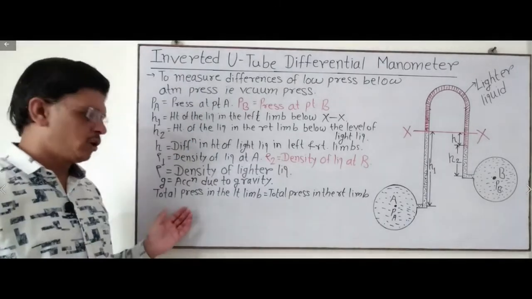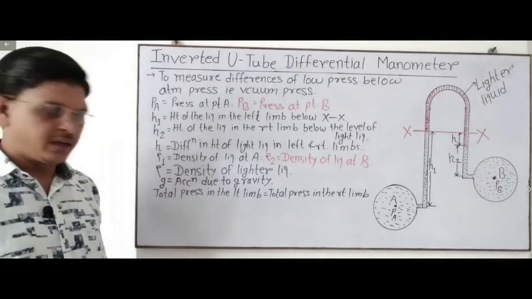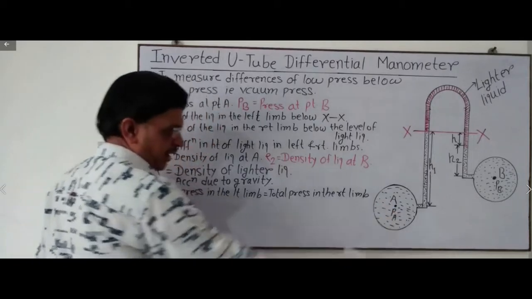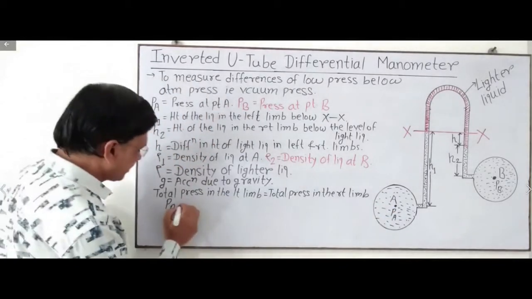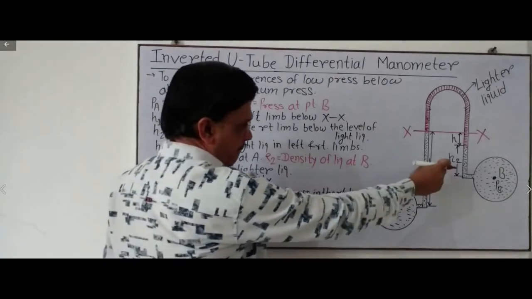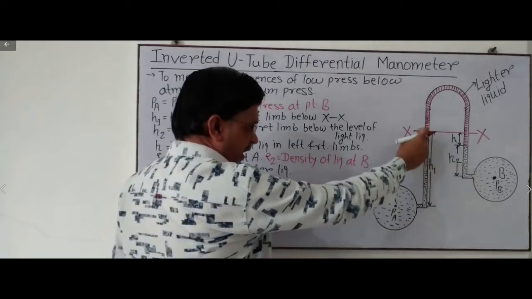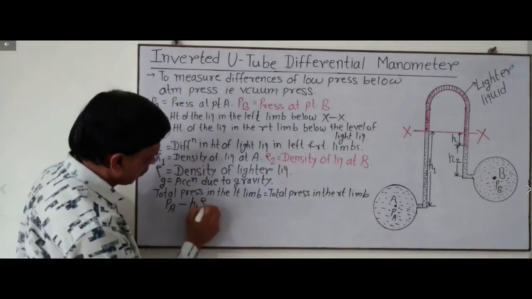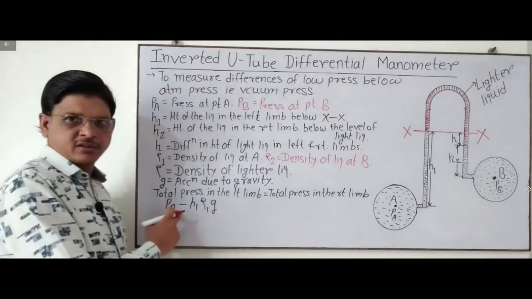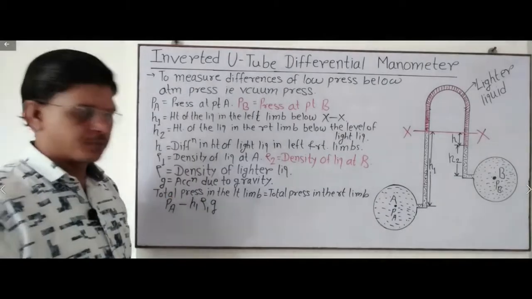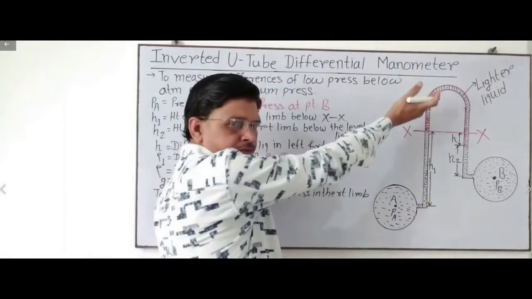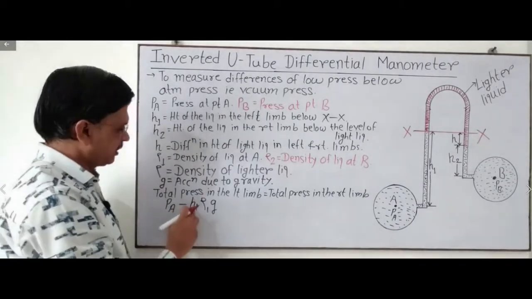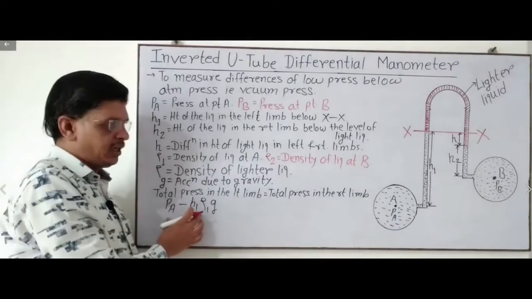The total pressure in the left limb is written as PA, the pressure at point A, minus the pressure exerted by the height of the liquid in the left limb, that is H1 Rho1 G. Here it is minus because the liquid is flowing upwards. That's why we have to consider this as negative. So this is the total pressure in the left limb.